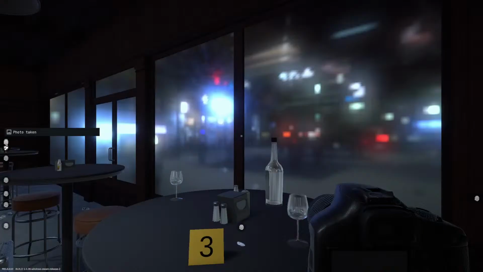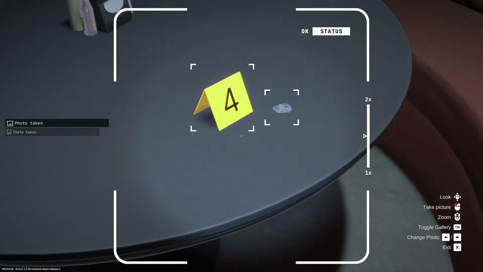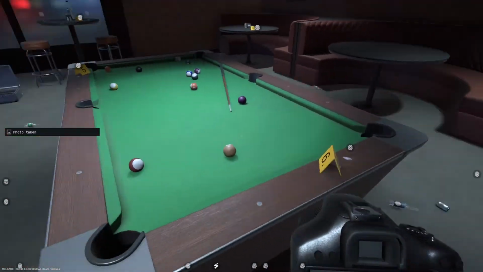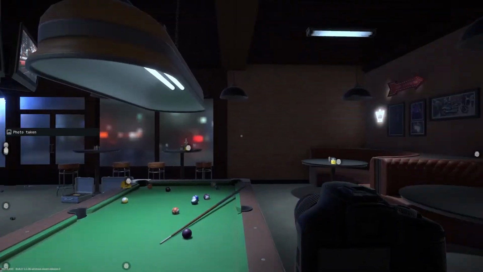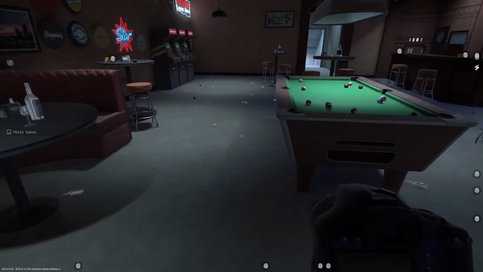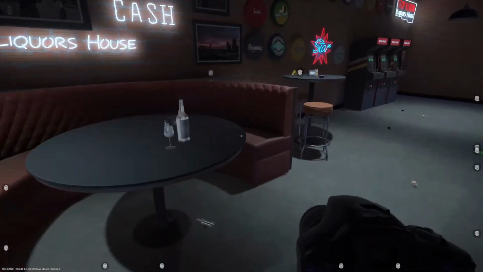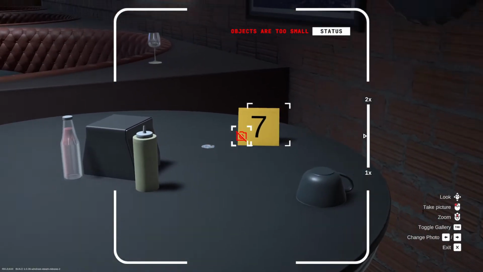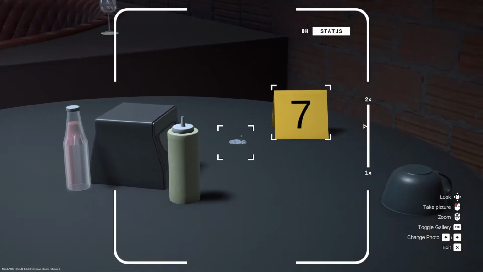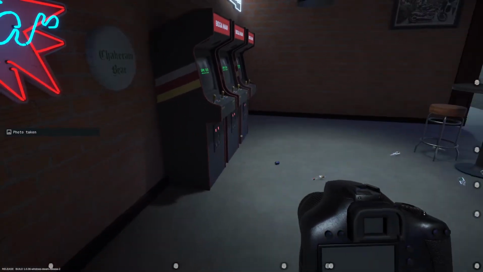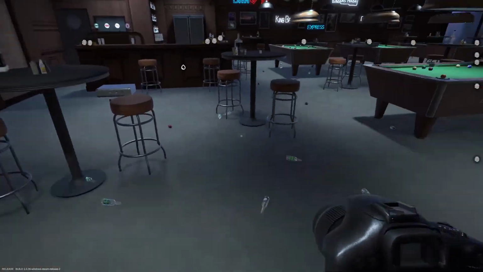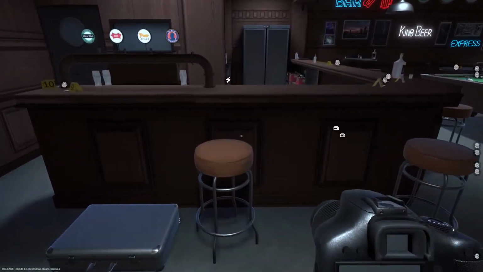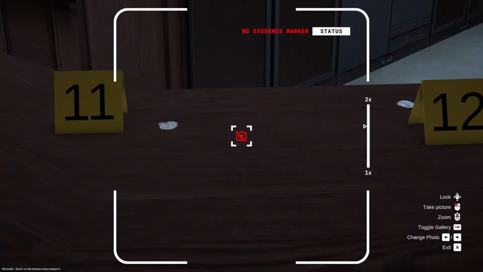I might have to retake some of these pictures because I forgot which ones I did already. Yeah, probably more fun to play.